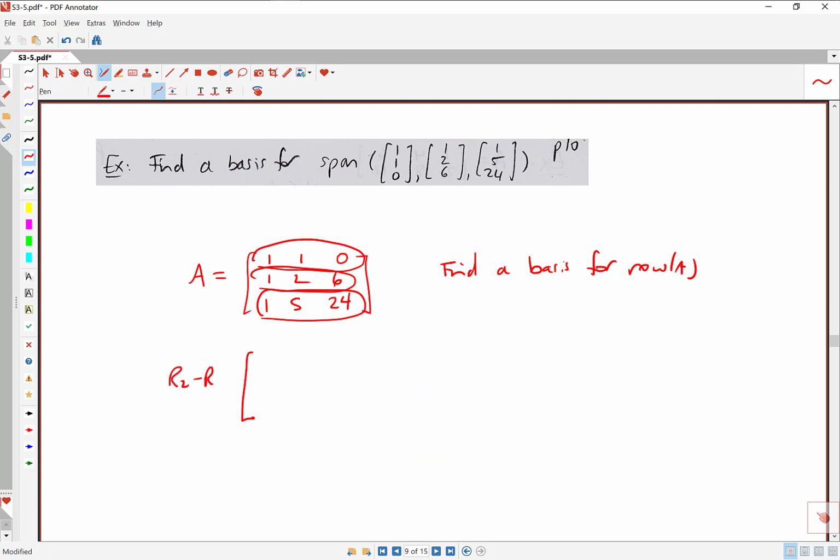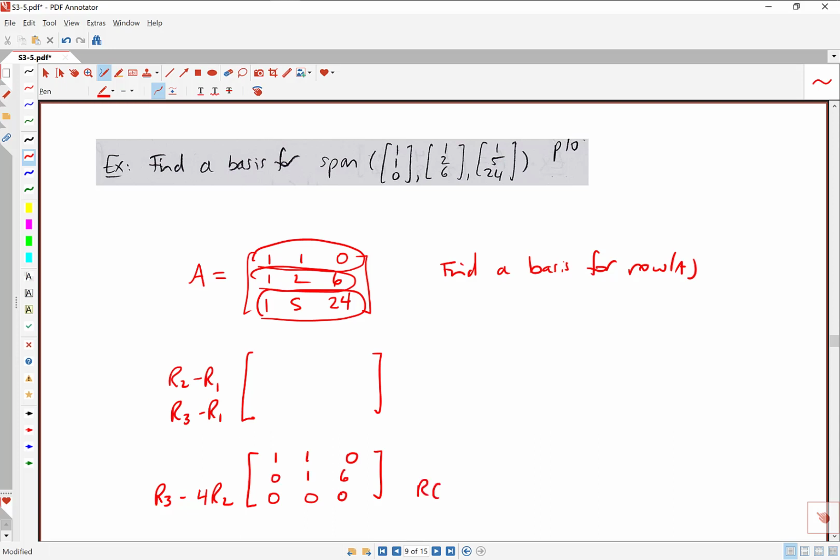You could do row 2 minus row 1, row 3 minus row 1, and then if you did those steps, the last thing you would want to do would be row 3 minus 4 row 2. And if you did that, you would find a 0 row at the bottom of this matrix, and your top rows would be 1, 1, 0 and 0, 1, 6.